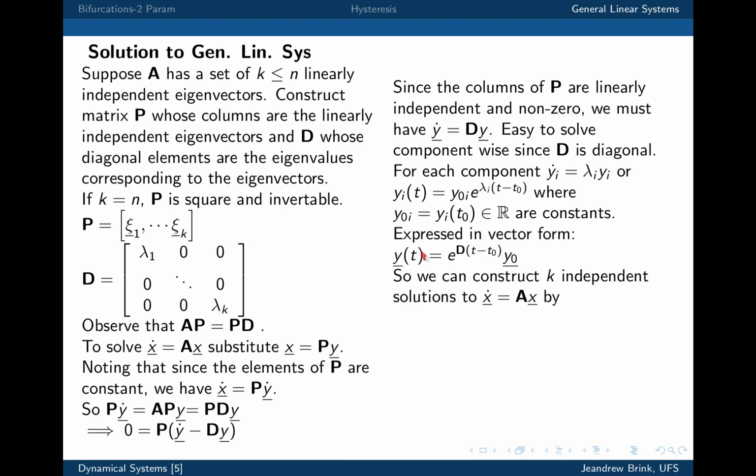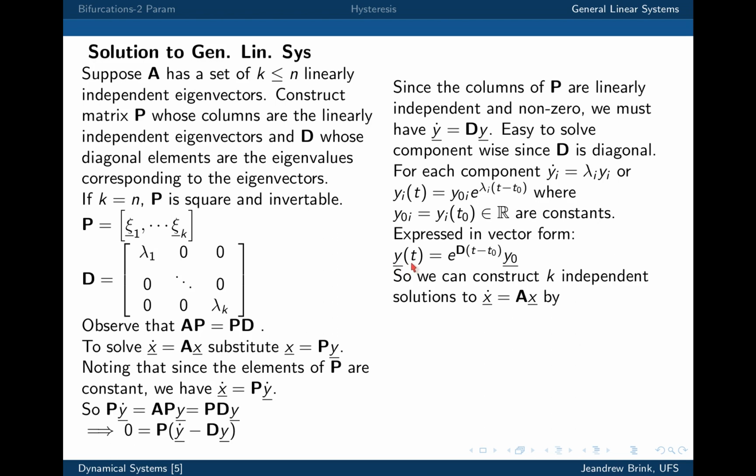But if the matrix is diagonal, then you can just do this. It basically means for each component, e to the lambda_i (t minus t0) replaces that. So this is just a shorthand way of writing out what I've written in the component form over there. So now we have y.